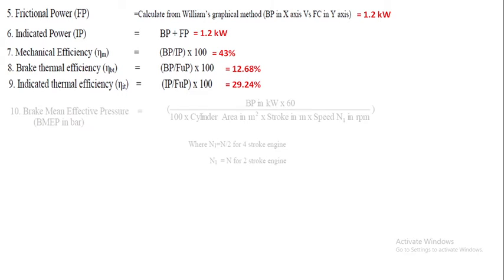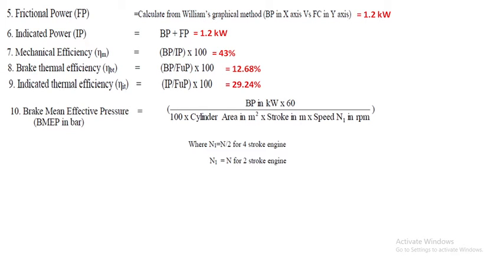Then the last one is mean effective pressure. Generally, we define what is mean effective pressure. During combustion, there will be a pressure difference inside the cylinder. If you check the air-fuel mixture at the top of the cylinder, the pressure may be somewhat lesser than the bottommost air-fuel mixture.